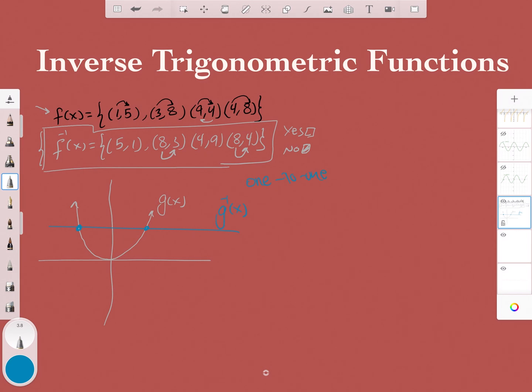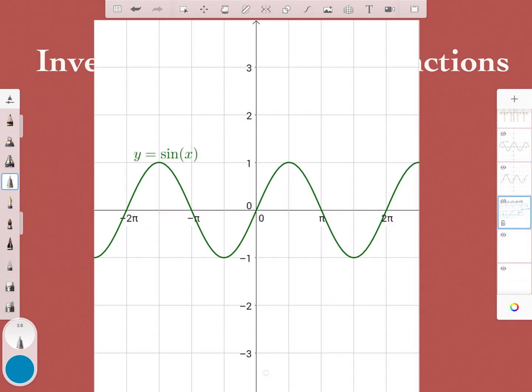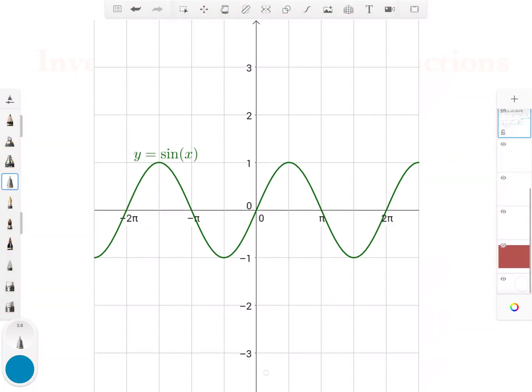So with this review, let's see the graphs of sine, cosine, and tangent. We're going to apply the horizontal line test to see if the inverse of sine or cosine is a function or not. So this is a graph of sine.